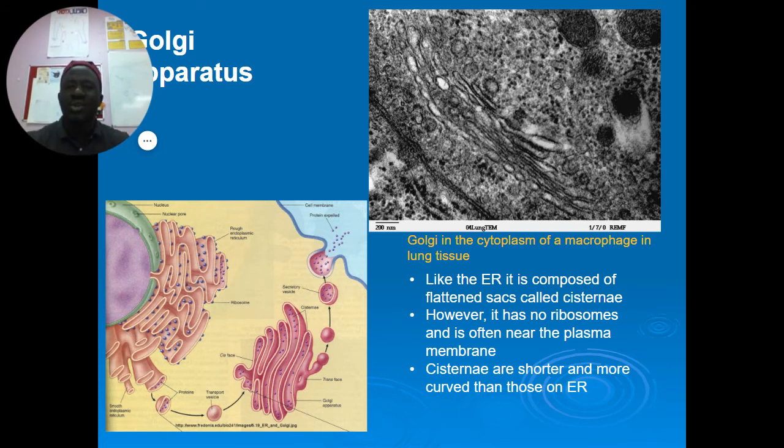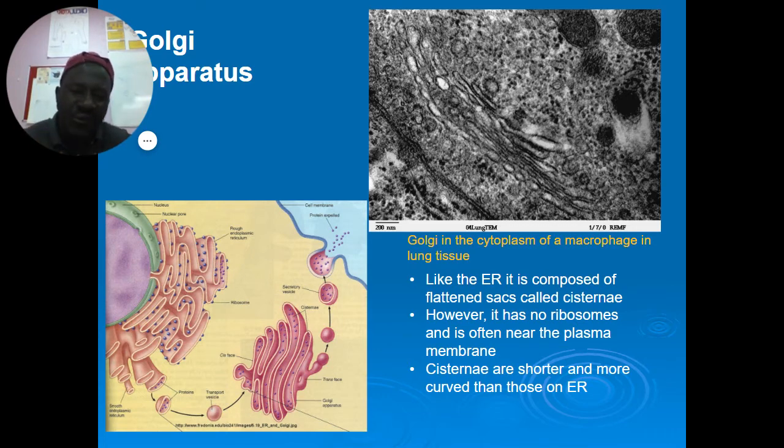The Golgi body also is an open sac that contains cisternae, and these cisternae don't have ribosomes, and is often near the plasma membrane. So the cisternae are shorter and more curved than those of the rough endoplasmic reticulum.